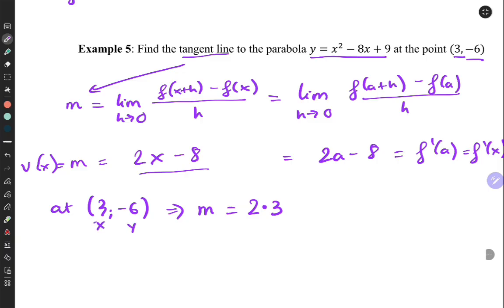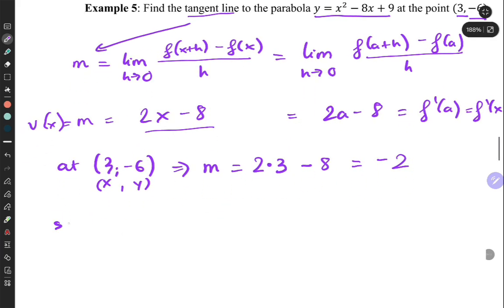X, Y, right? I'm picking the X. Slope -2. I think you can close out this problem, right? That is the slope. Close out the problem with this point slope formula. Okay, finish now.